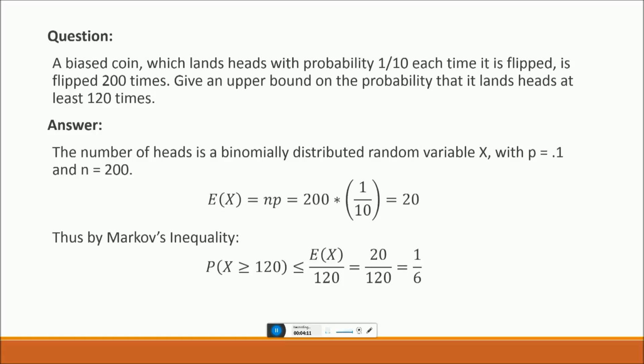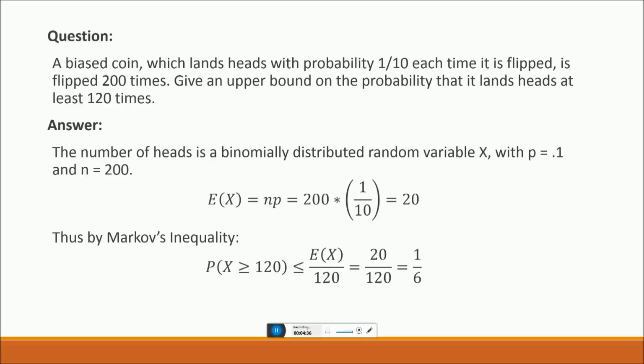So the probability that x lands on heads at least 120 times is less than or equal to 1/6. There's our probabilistic upper bound for this problem. And it's very helpful. All we had to work with was the expectation of x and a random variable, and we're able to construct some bound on our probability.